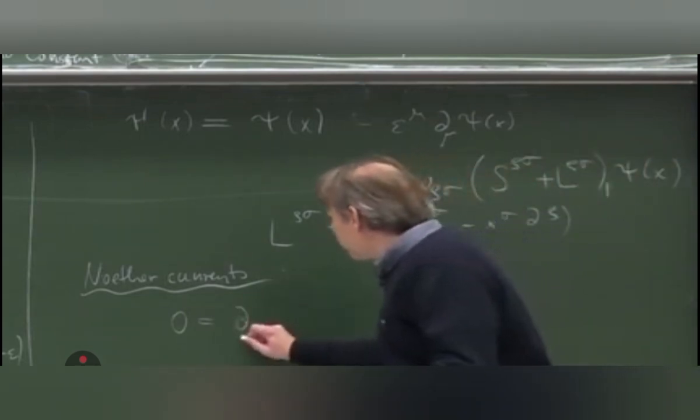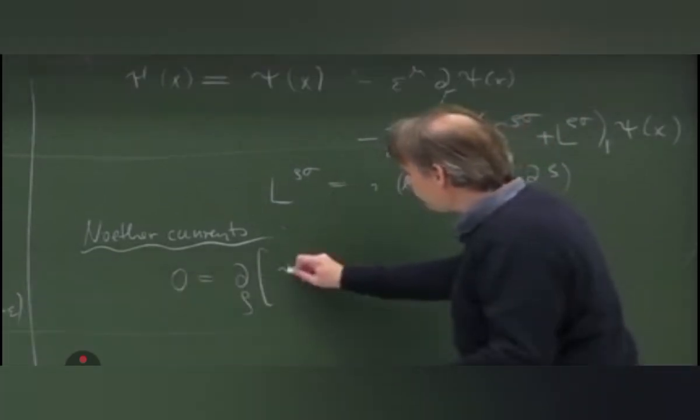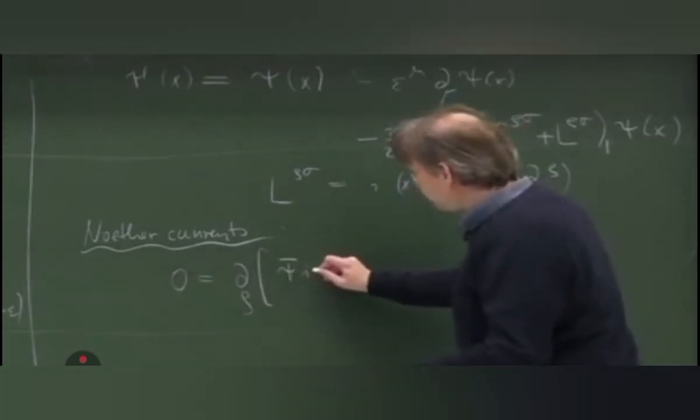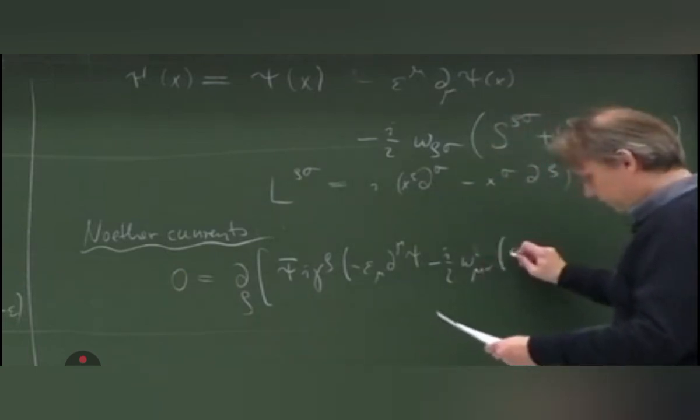And so then the conserved relationship looks like this. 0 is equal to d rho of psi bar I gamma rho minus epsilon mu d mu psi minus I over 2 omega mu nu, S mu nu plus L mu nu acting on psi.